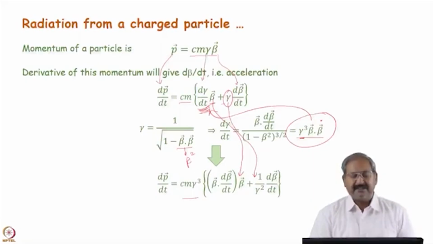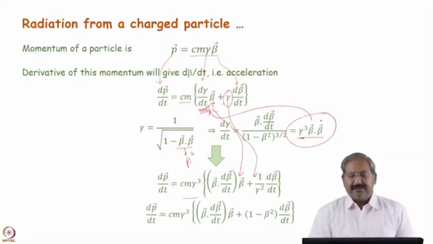So this is the rate of change of momentum, and it gives us the acceleration. Now we can convert this 1 by gamma square also into 1 minus beta square. So this is now our complete formulation of dp by dt.